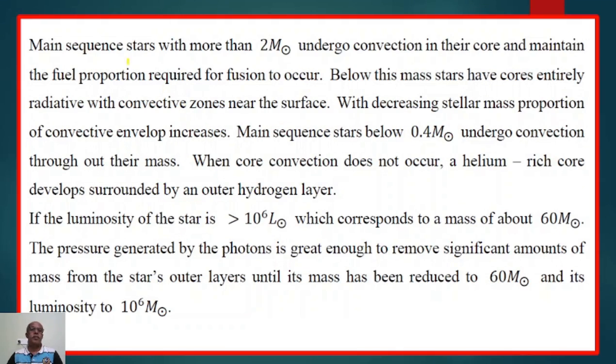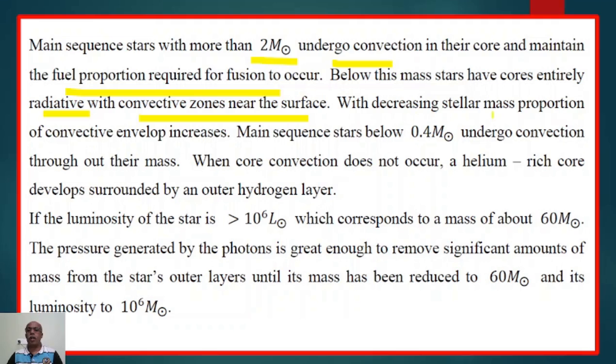Now, main sequence stars with mass larger than twice the solar mass will undergo convection in their core and maintain the fuel proportion required for the fusion. Below this mass, stars have cores entirely radiative with convective zones near the surface.